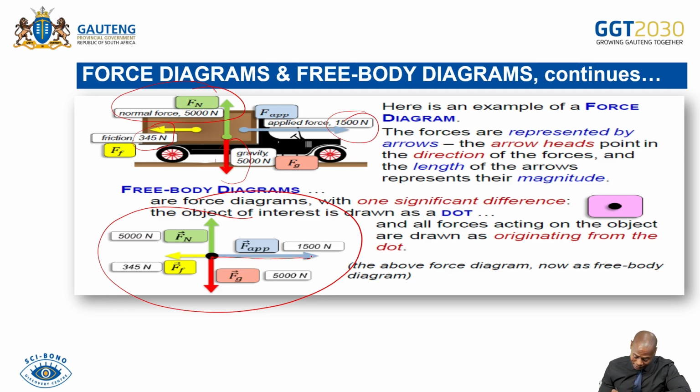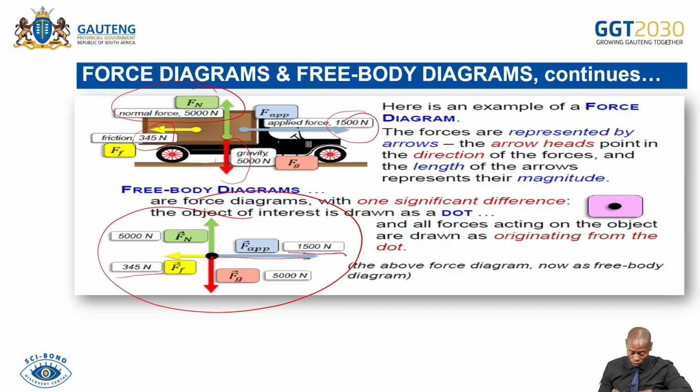So this is 1,500 newtons. This is 345 newtons. So you can see these two forces are not equal in what? In magnitude. If they are not equal in magnitude, we have to show that even in our free body diagram. You can see my applied force is longer than my frictional force.